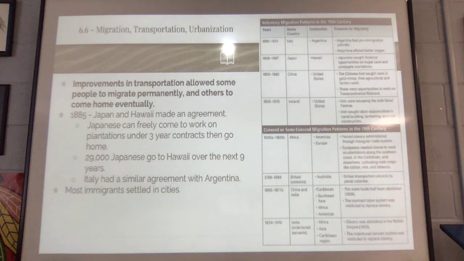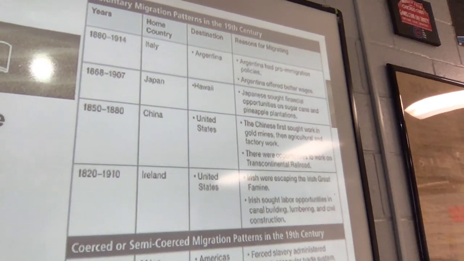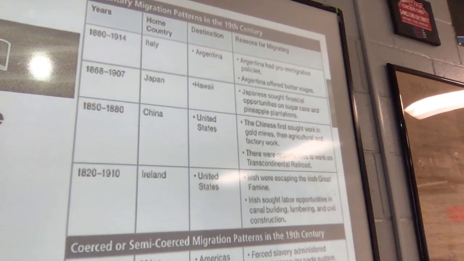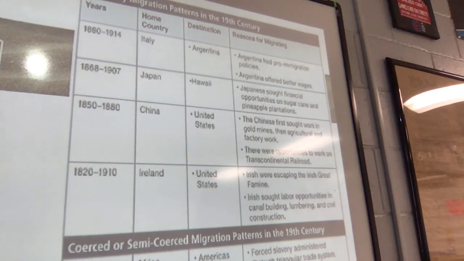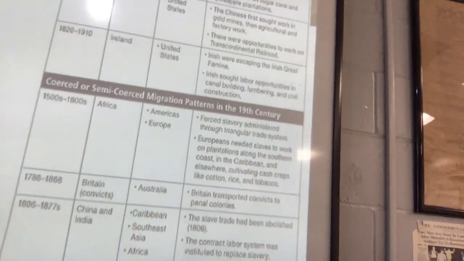But this chart right here, let me pick y'all up and move you close. Let's take a look here. May want to pause it right here while I'm holding it. Here is a chart showing voluntary migration patterns in the 19th century. This would be a good place to pause it because my arms are getting tired. And then down here you have coerced. Ooh, let me turn that the other way.